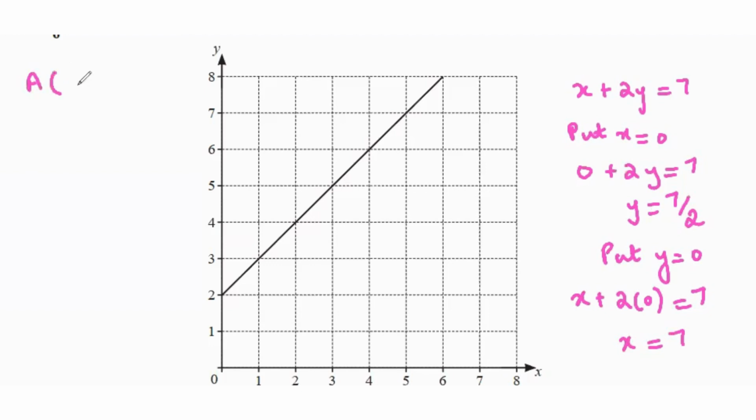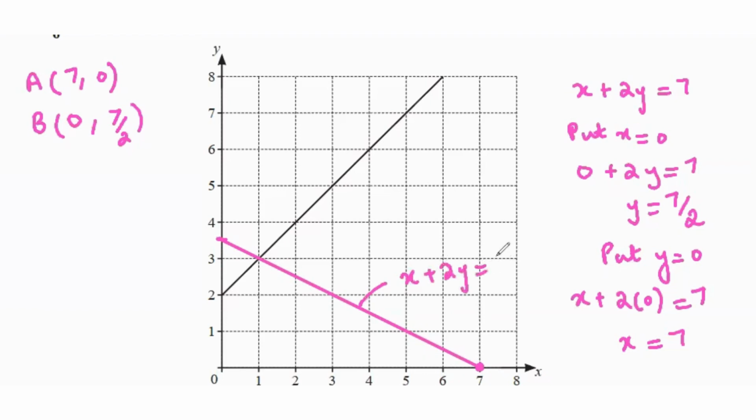So one point is (7, 0) and the other point is (0, 7 by 2). Now 7 by 2 is the same as 3.5. So (7, 0) comes over here and (0, 3.5) comes over here. Now if we connect the 2 points, this is our graph for the equation x plus 2y equals 7.